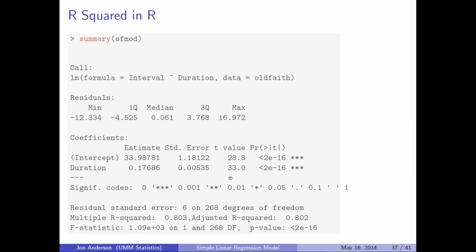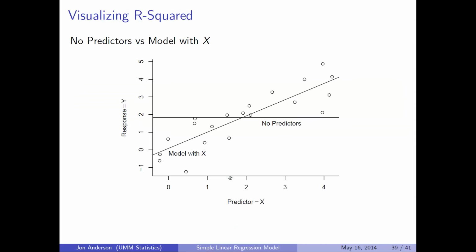And the sum of squares regression is basically how much of the variation in the y values around their average can be explained by this straight line.